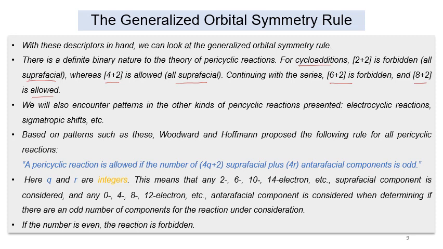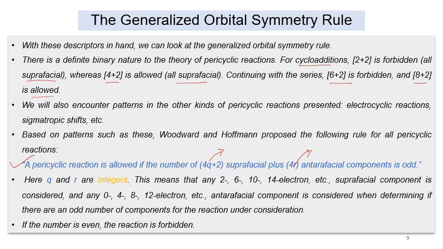Now, based on these, Woodward and Hoffmann proposed a basic fundamental rule for all pericyclic reactions, which says that a pericyclic reaction is allowed if the number of 4q plus 2 suprafacial components plus 4r antarafacial components is odd, where both q and r are integers.